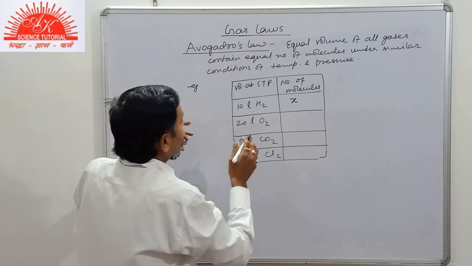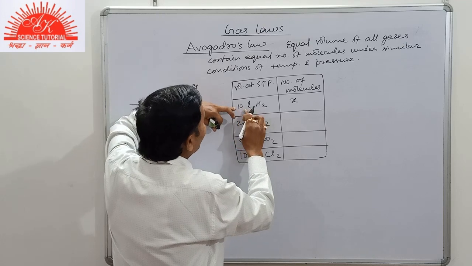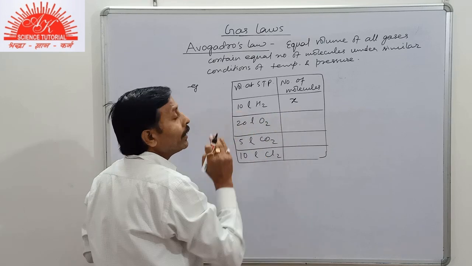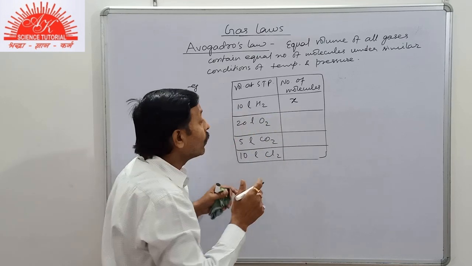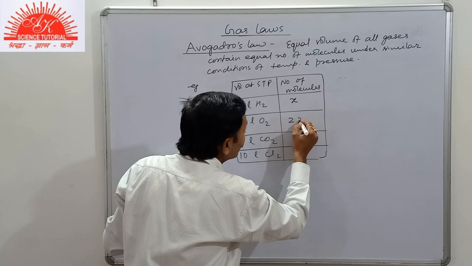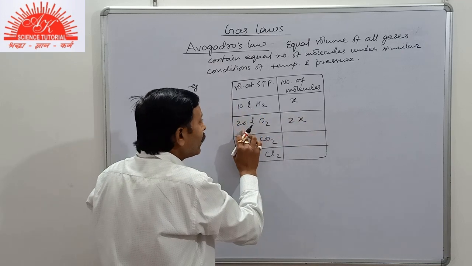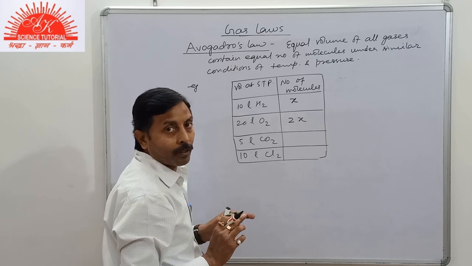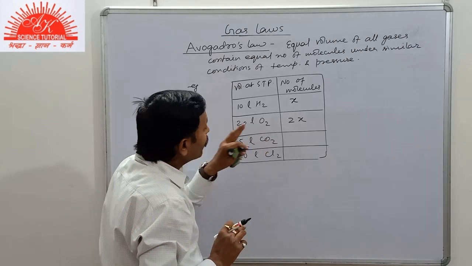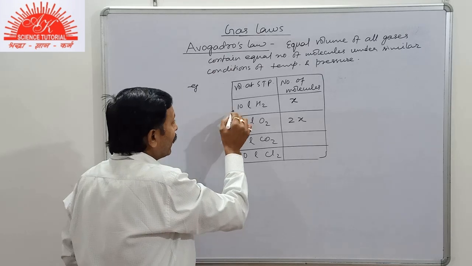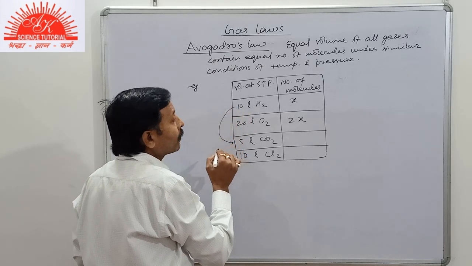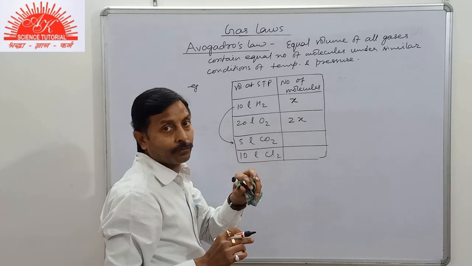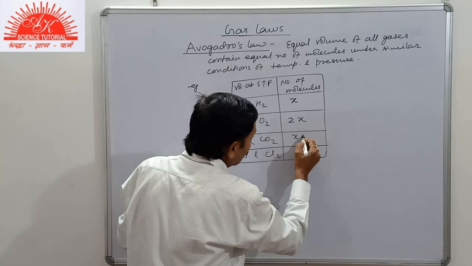So, here 10 liter of hydrogen contains X molecules. So, what is the number of molecules in 20 liter of oxygen? It will be twice of X, since the volume is doubled, so the number of molecules is also doubled. Now next, 5 liter of carbon dioxide. Now again, the volume has become half, so the number of molecules will also be reduced to half, that is X upon 2.